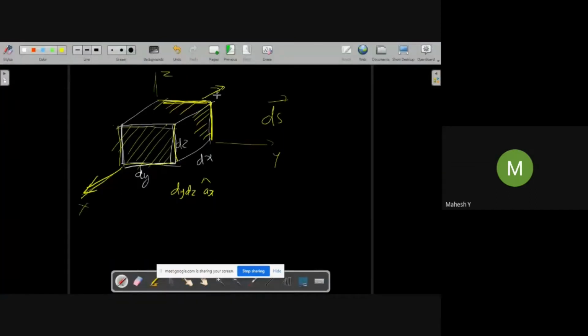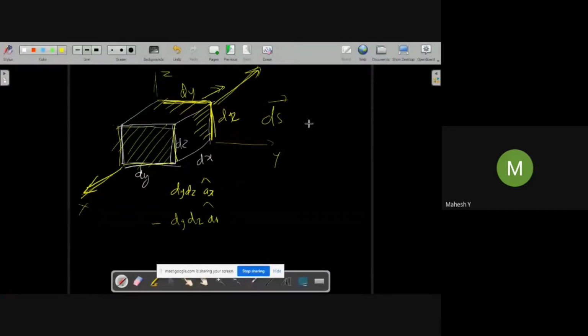This is the x direction. The back surface will be in the minus x direction. Right. So the dimensions are dy and dz, so dy dz into minus ax cap. Correct. Okay. Thank you. So now we got dS.